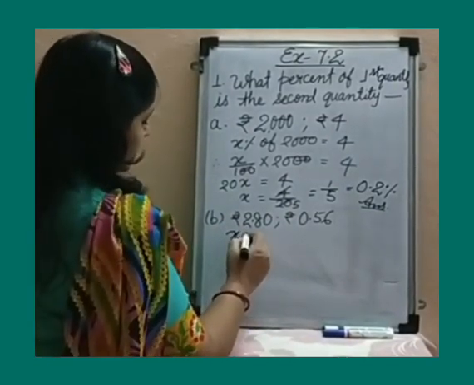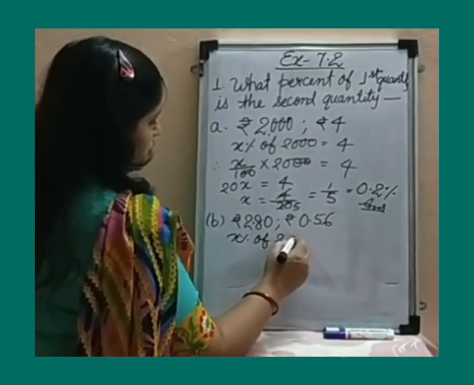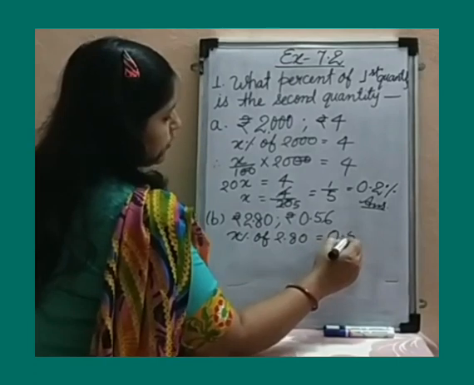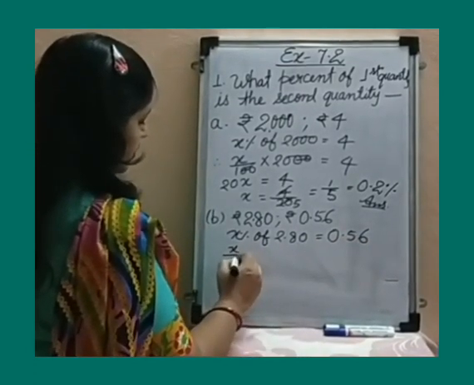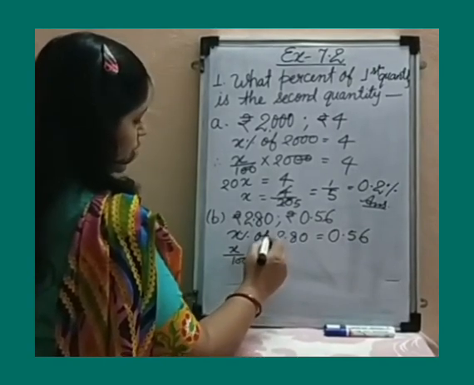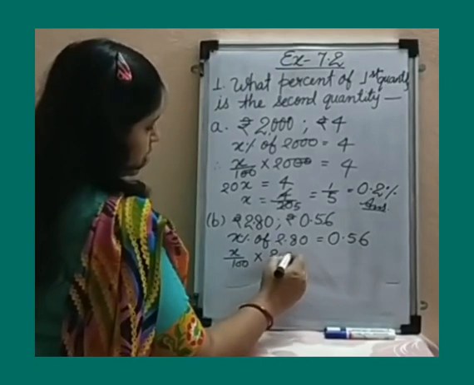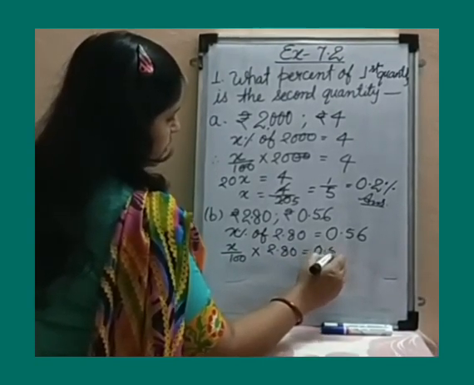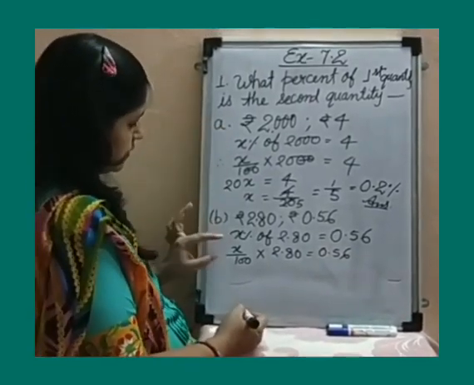Suppose x percent of 2.80 equals 0.56. X percent equals x upon 100. Of means multiplication. So x upon 100 times 2.80 equals 0.56. We need to find out the value of x.